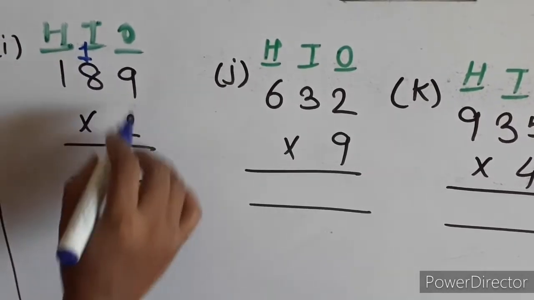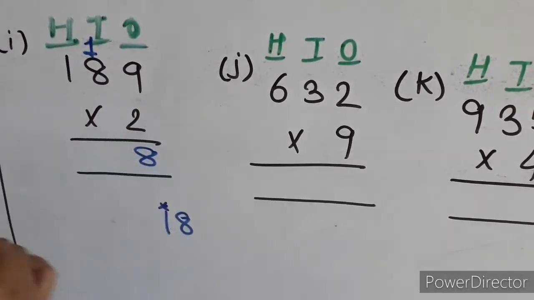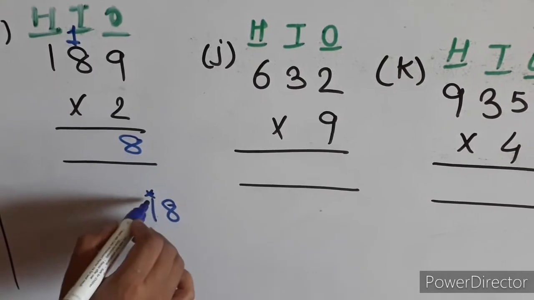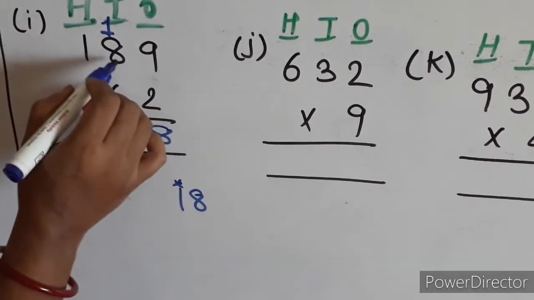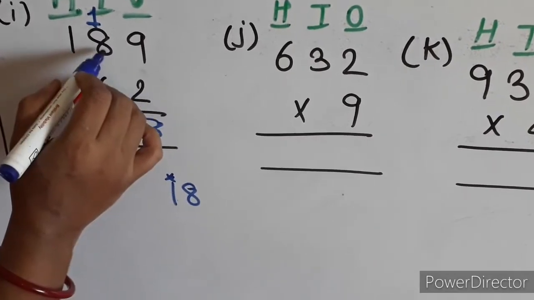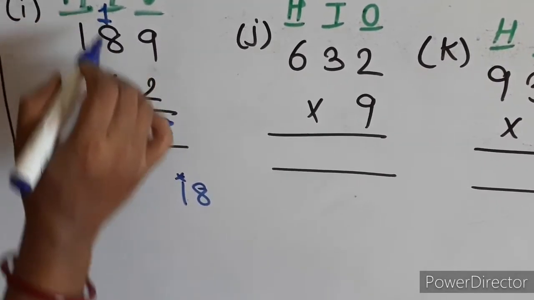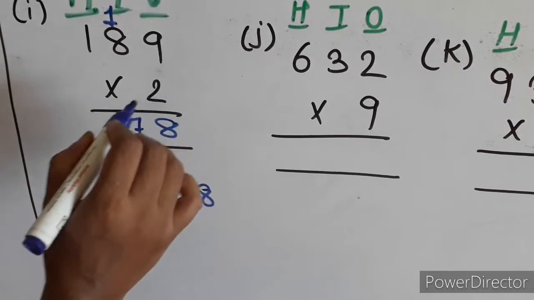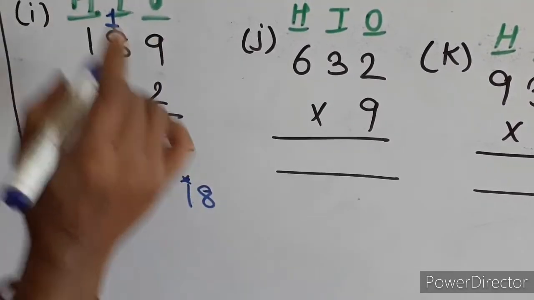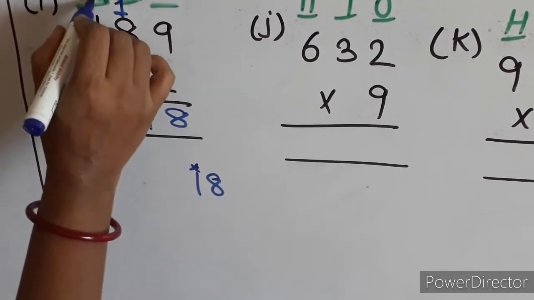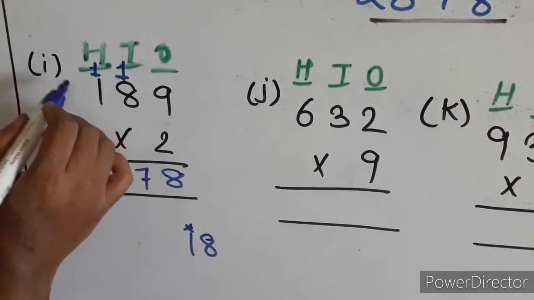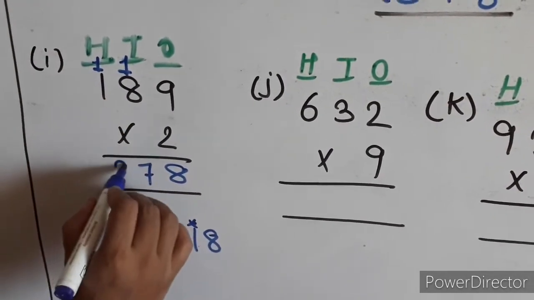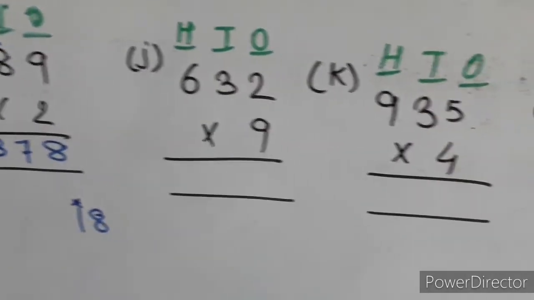Here we write 8, and 1 will come here to the tens place. 2 into 8 will be 16, and 16 plus 1 is 17. Again we have 1 in our hand, so this 1 goes to the hundreds place. So 2 into 1 is 2 plus 1 is 3. Like this you have to do.